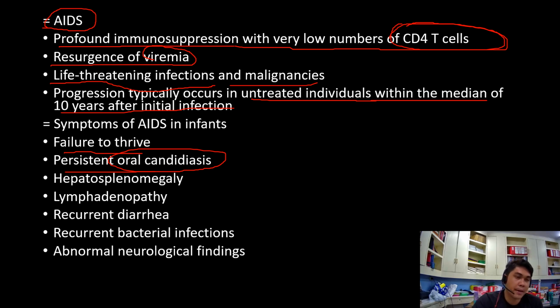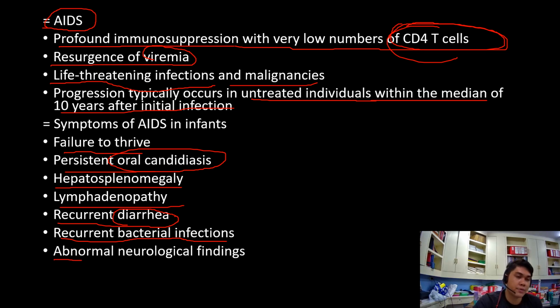Next there is hepatosplenomegaly, lymphadenopathy. There is recurrent diarrhea, because the patient is immunocompromised, so he or she is prone to infection. Next is recurrent bacterial infection, same because of immunosuppression, due to the decrease in CD4 cells.